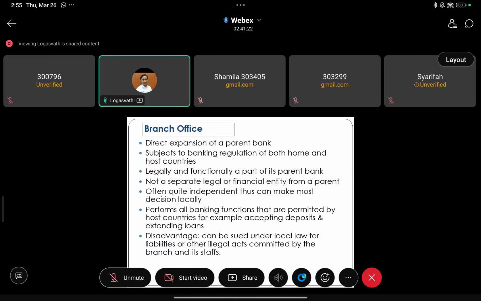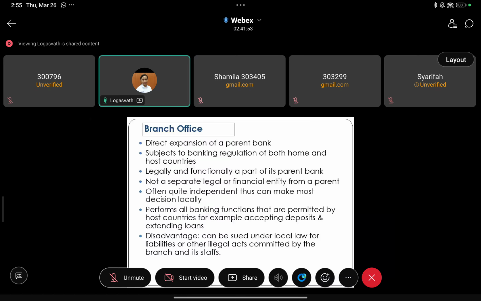All right. Branches can do all the banking activities. All the banking products and services can be offered to the people over there. There is no limit. They can accept deposits, provide loans, provide advisory, do investment, and so on. It's a full spectrum of banking in Brazil.